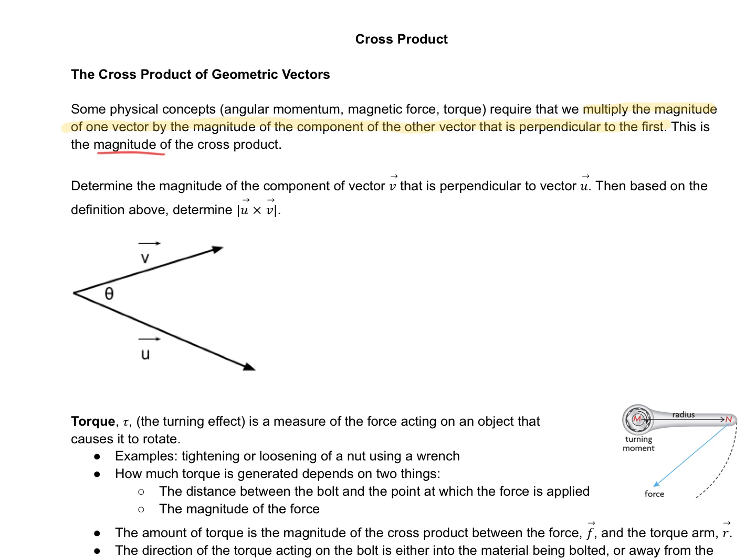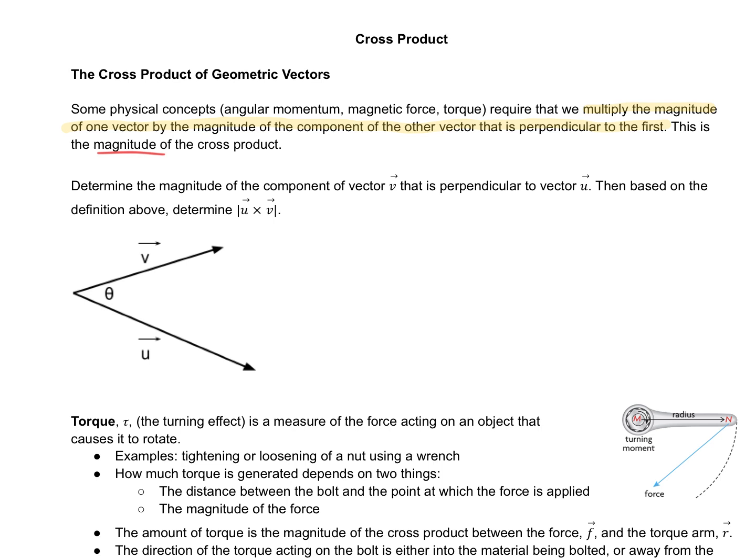So based on what we just read there, let's try to come up with the cross product magnitude definition. On the following diagram, I have two vectors, u and v, and the angle between them, which is theta.